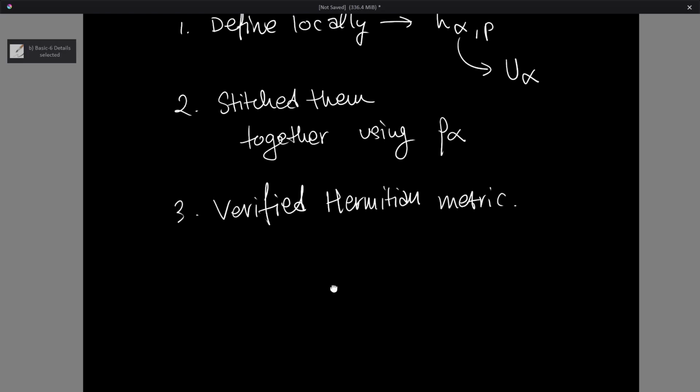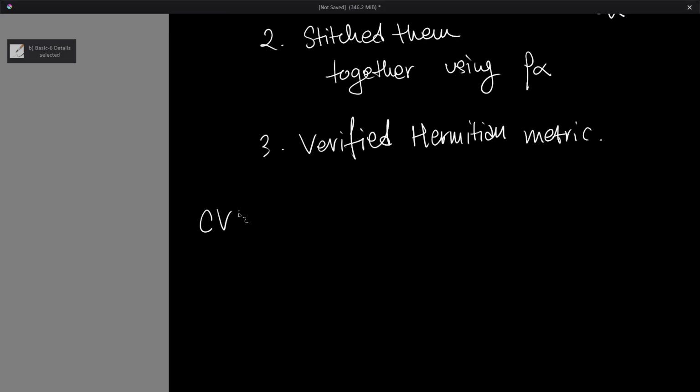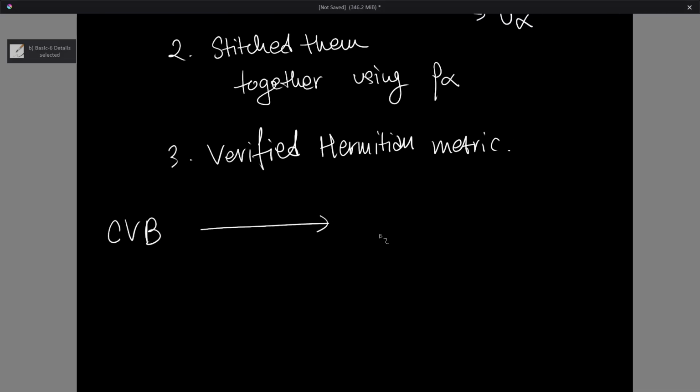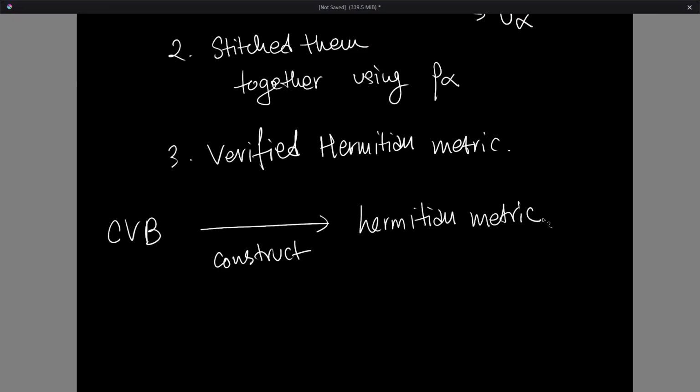So what did we do? We started with a complex vector bundle, and then we constructed, using nothing but the stuff that we're given on a complex vector bundle, a Hermitian metric, which means that every complex vector bundle admits a Hermitian metric.